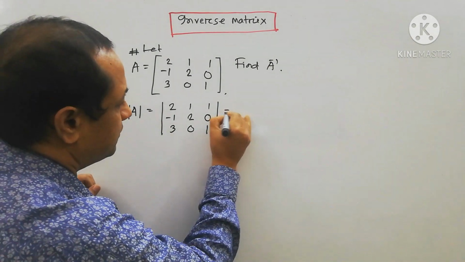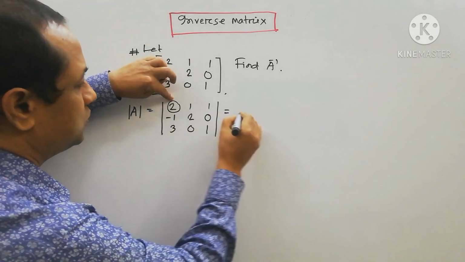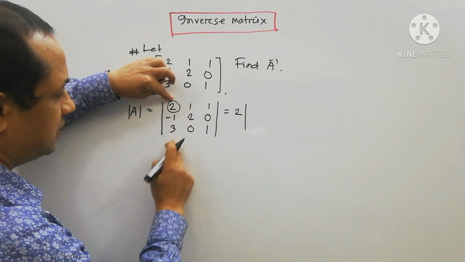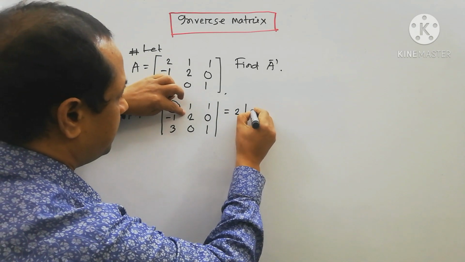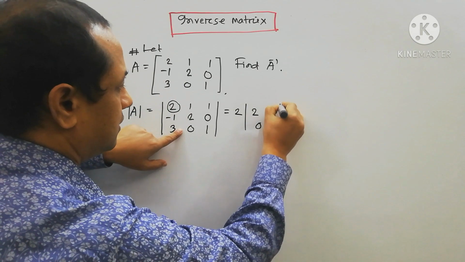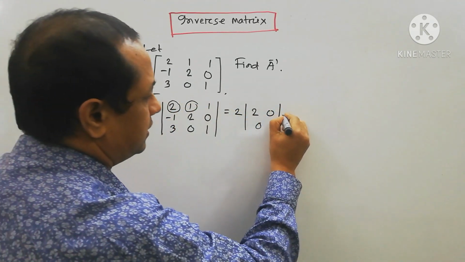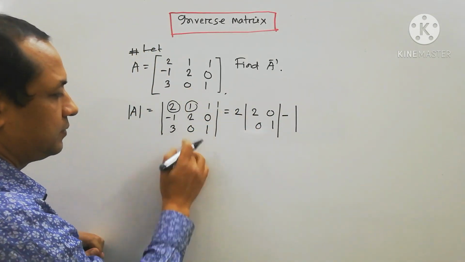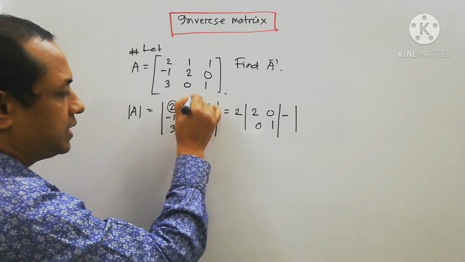So students, here the first element is 2. 2 is in the first row and first column, so first row and first column are cancelled. Then we have 2, 0, 0, 1. Then, the next element is minus 1, first row and second column.